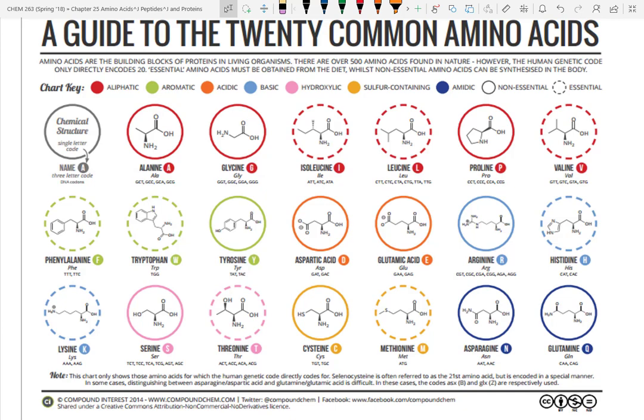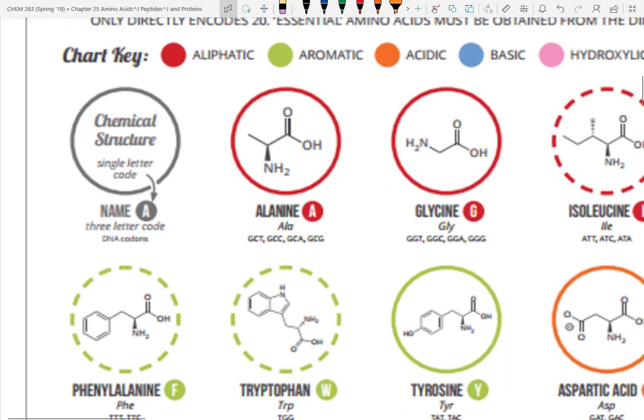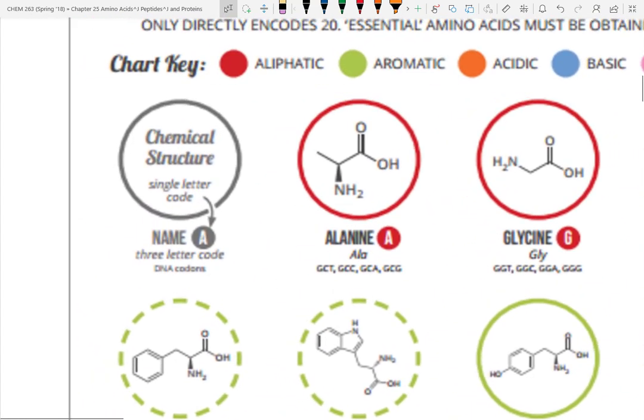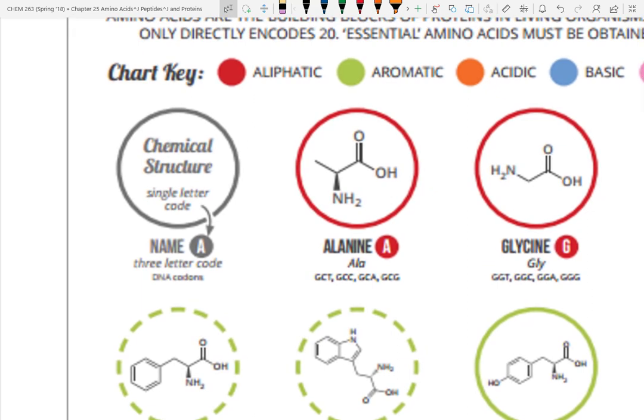The other thing to note too, is I'm going to zoom in even further. So let's take alanine. Alanine can be represented a few different ways. You can represent it with the symbol A, or you can represent it with the 3-letter code ALA. So basically, biochemists like to shorten down everything so it's easier to read a polypeptide that's maybe 10,000 units long.